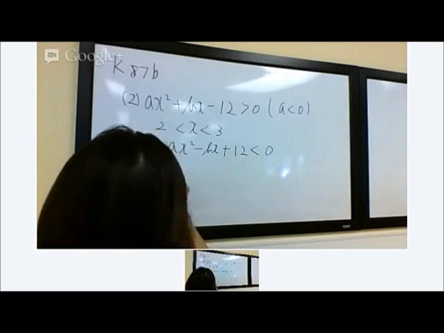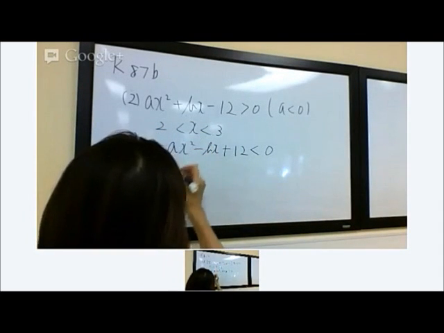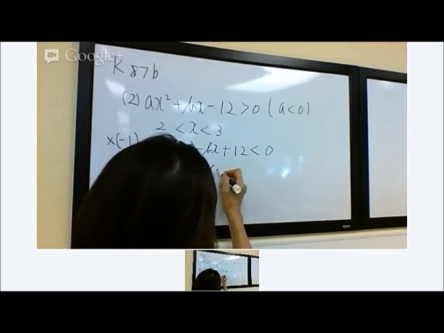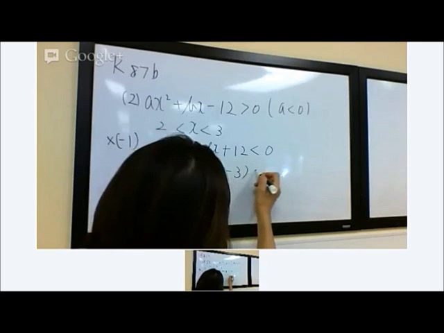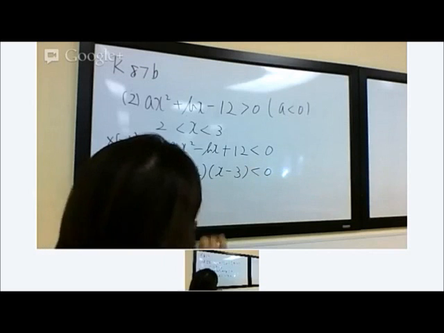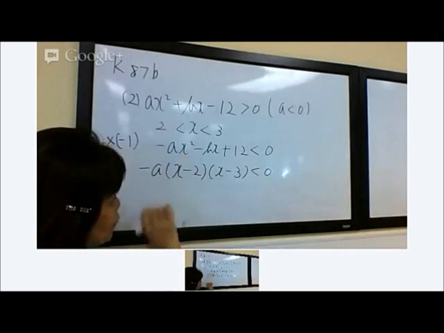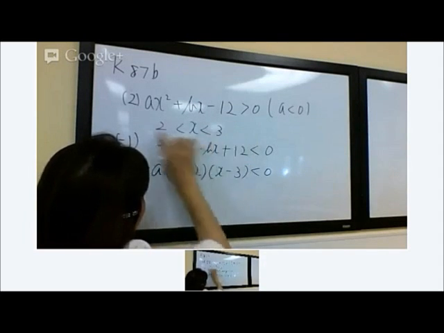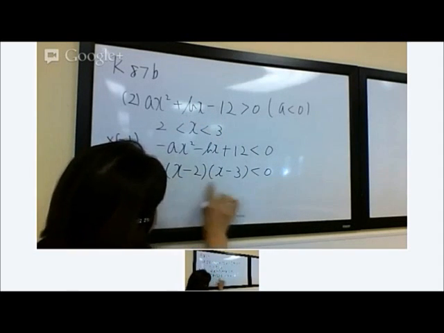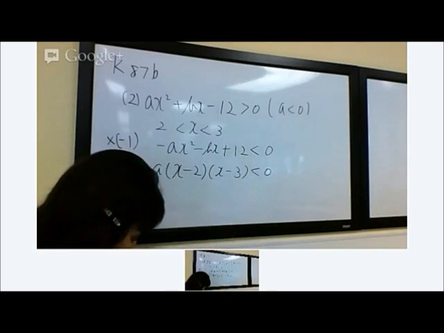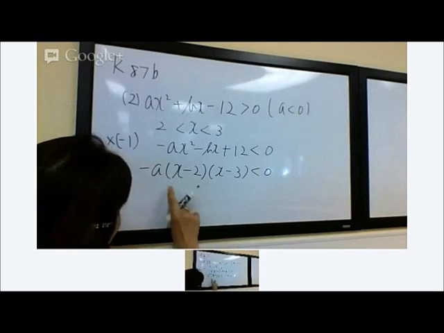So next, the factor, apply this factoring style. This one, x minus 2. This one, x minus 3. But we still need to keep this a as a coefficient of the x squared. This one goes to this portion, to get the right interval here. Then the next step is we need to open the parentheses, right?